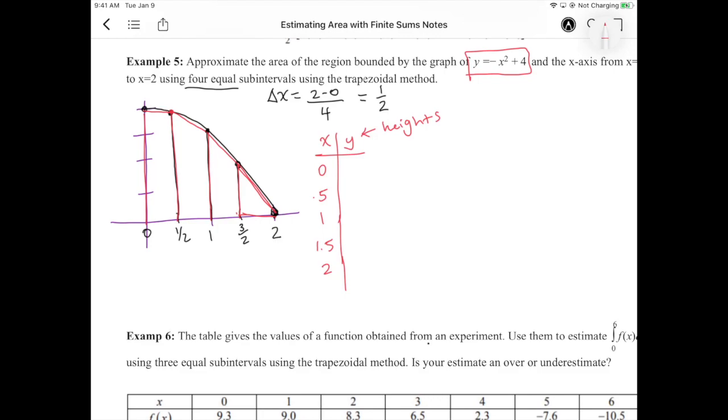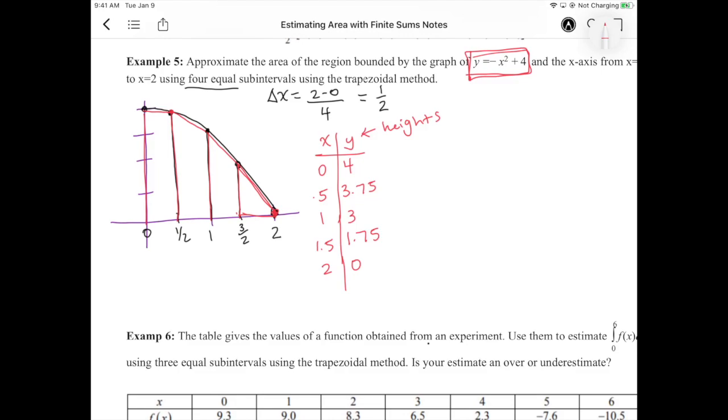So when I plug in 0, I get 4. When I plug in 0.5, I get 3.75. When I plug in 1, I get 3. When I plug in 1.5, 1.75. And if I were to plug in 2 into my equation, I get 0, this point right there, 0.